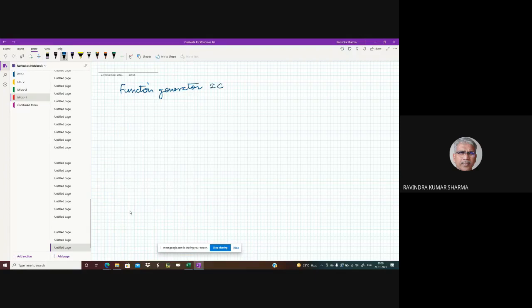Function generator IC, it will be required to generate basically 3 types of functions. Sinusoidal, then, sorry, this should be triangular.